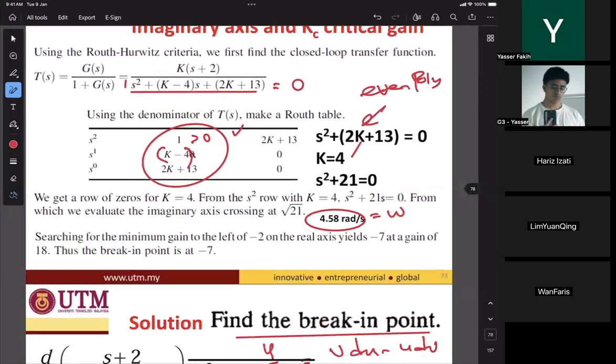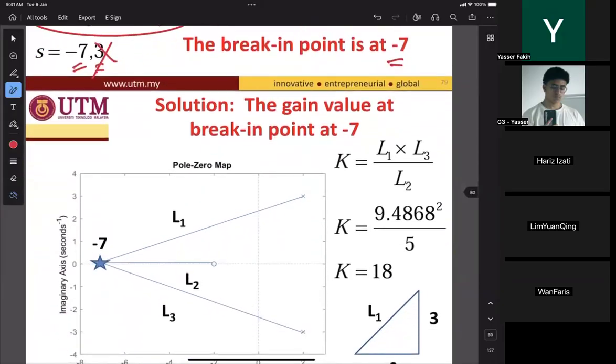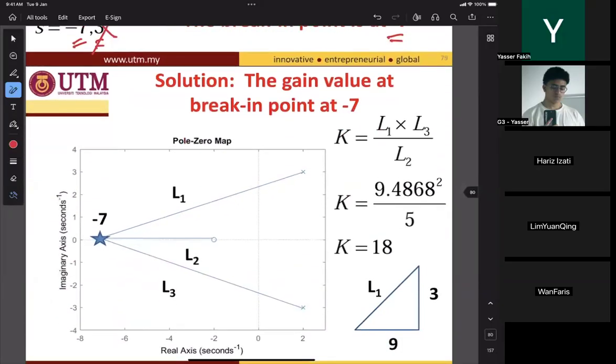Okay, guys, -7. And how to calculate the gain at the break-in point? You can use Pythagoras theorem.